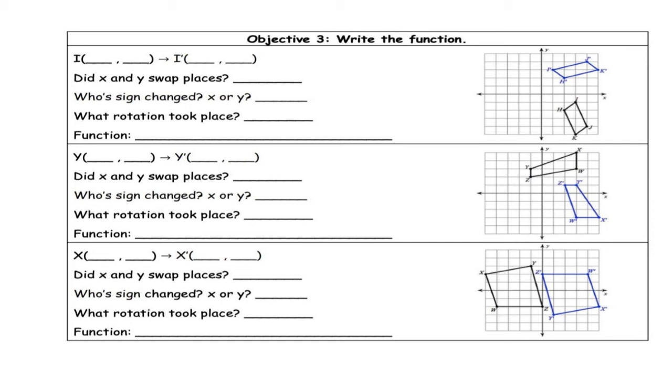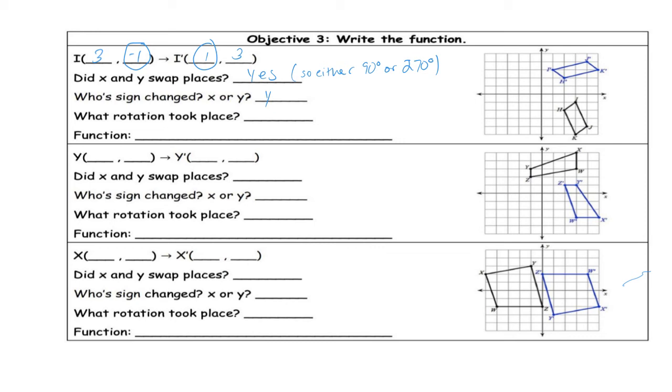Okay, so right, I right here we can see is at 3, negative 1, and I prime is at 1, 3. So did X and Y swap places? Yes, they did. So it's either 90 degrees or 270, right? Whose signs changed? Well, this Y changed here, okay?